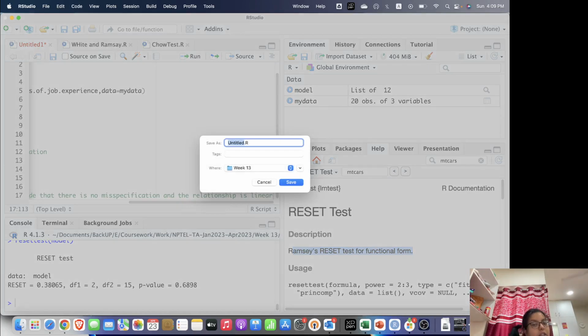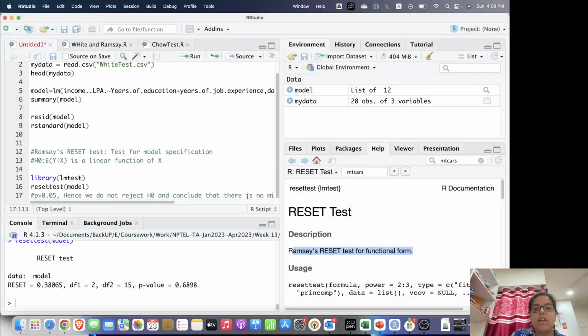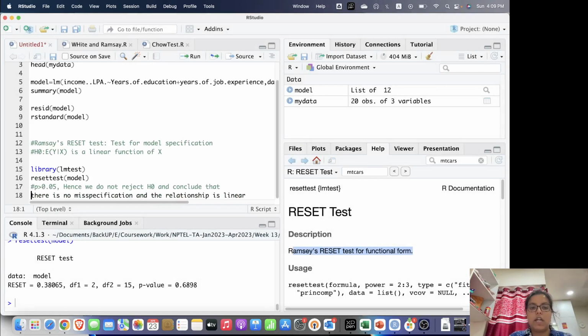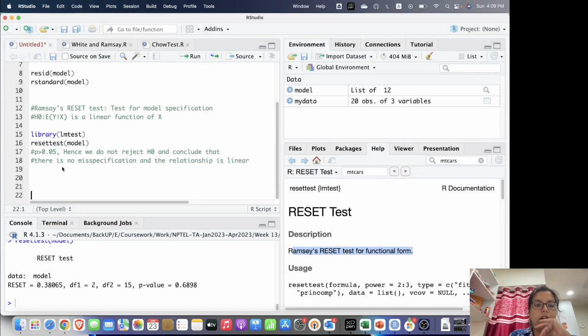We don't know if it is actually linear or not. There's not sufficient evidence to reject the hypothesis that this is linear. These two are very important, lmtest and resettest.